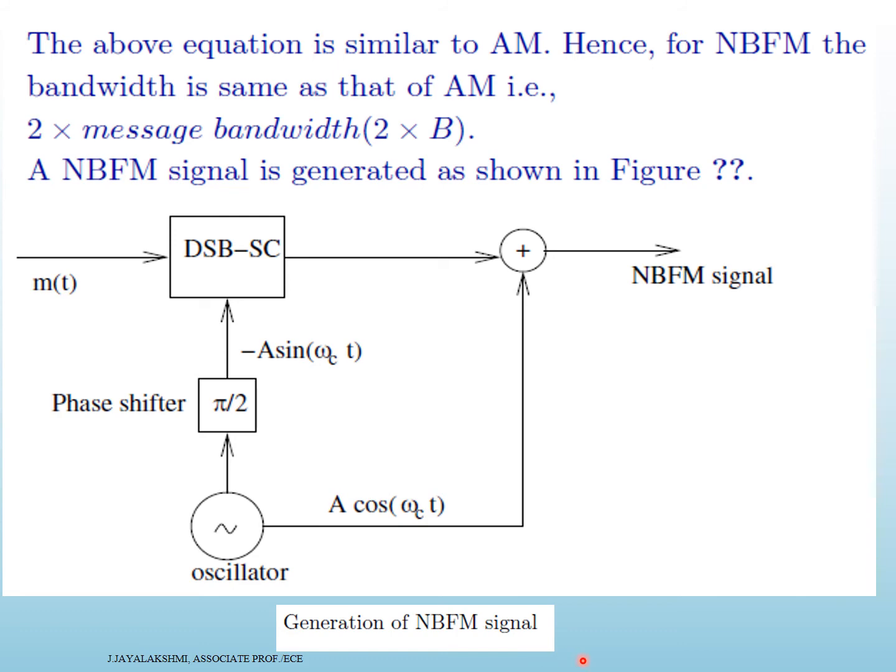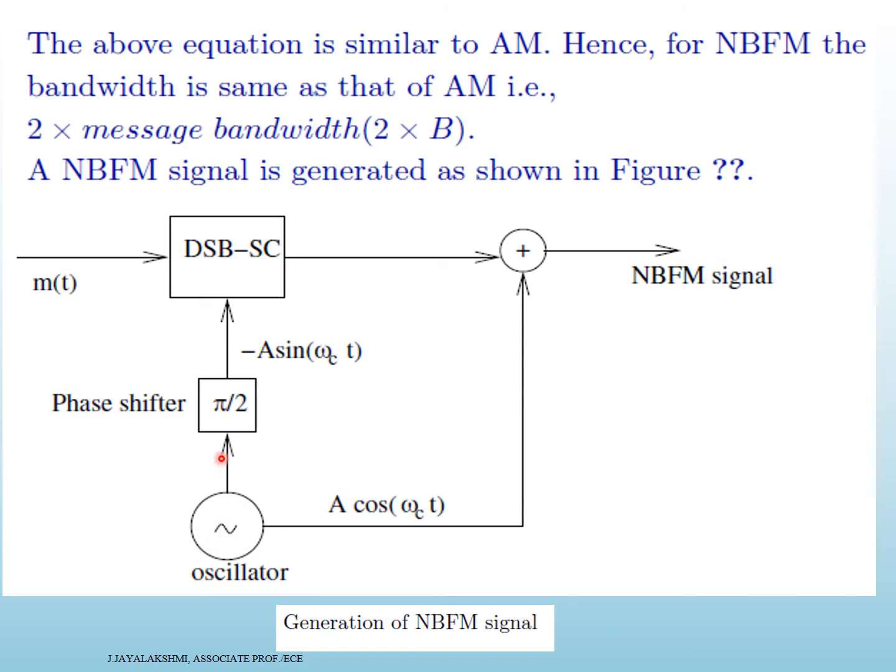This is how you generate the narrowband FM signal. You have the baseband signal. You have already seen the double sideband suppressed carrier in the case of AM. That output is given to a summation circuit, and you have your carrier signal generated from an oscillator.